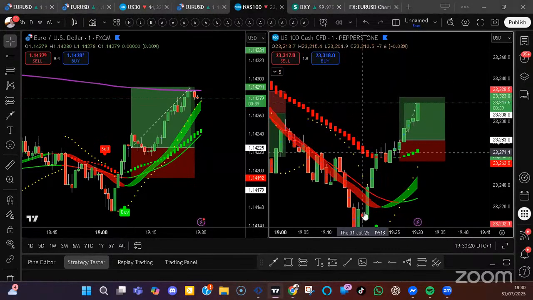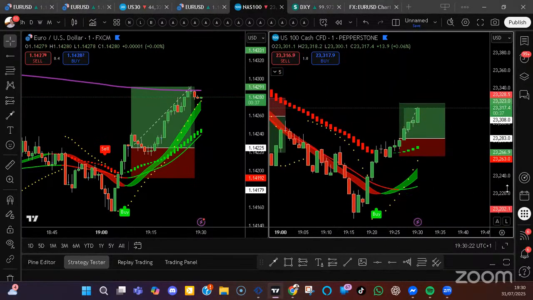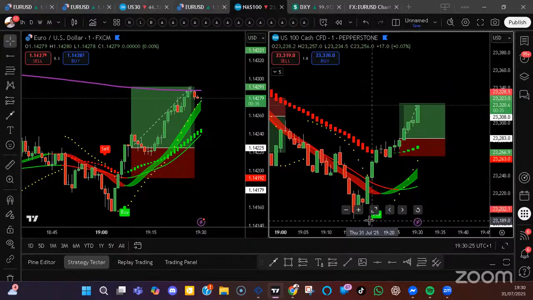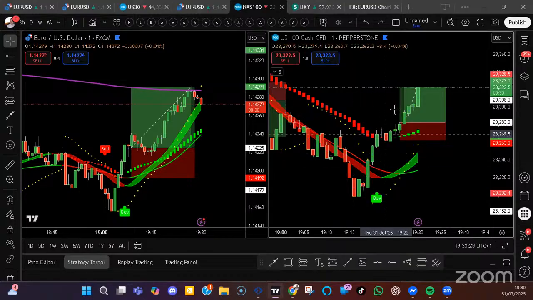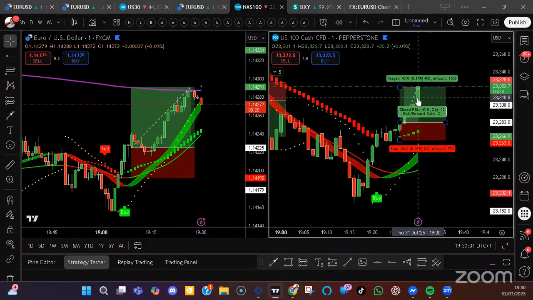So as we can see, paper trading this buy going up. Look, we got our 2% on that one as well.